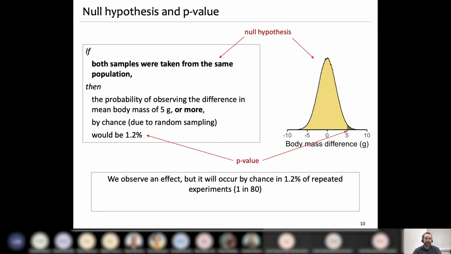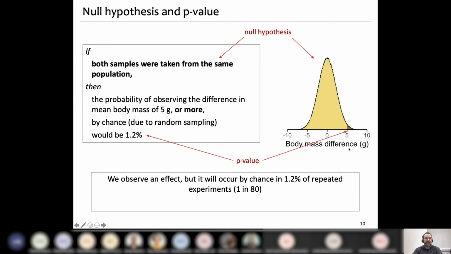Let's summarize this. What's the relation between null hypothesis and p-value? If, and that's a big if, both samples were taken from the same population, and this is the null hypothesis, and on the right there is a graphical representation of the null hypothesis, then the probability of observing the difference in mean body mass of 5 grams or more, which is marked here, by chance, due to random sampling, that's the only reason we can get these random results, this probability will be 1.2%.